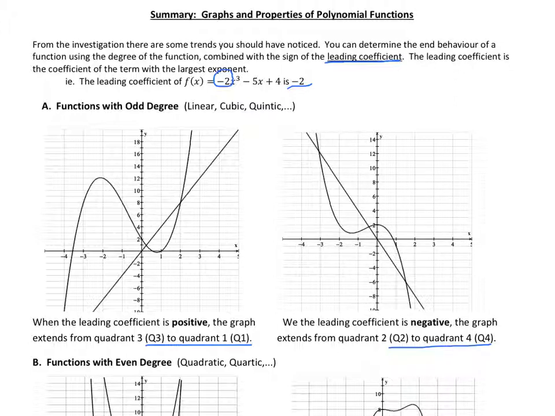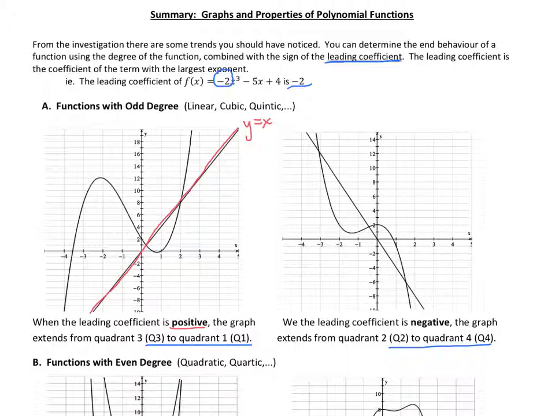Basically, for functions with odd degree, if the leading coefficient is positive, then the graph will extend from quadrant 3 to quadrant 1. And to help you remember that, always remember what the line with a positive leading coefficient does. So the line y equals x, in other words, extends from quadrant 3 to quadrant 1.